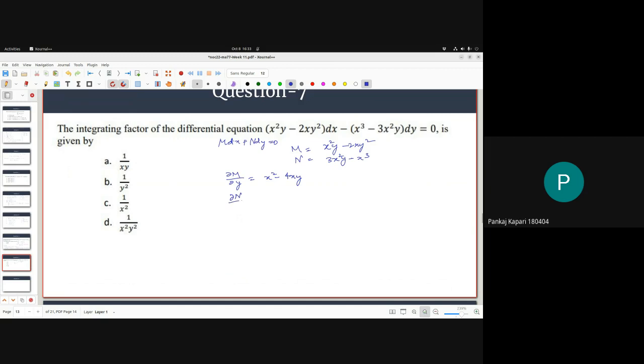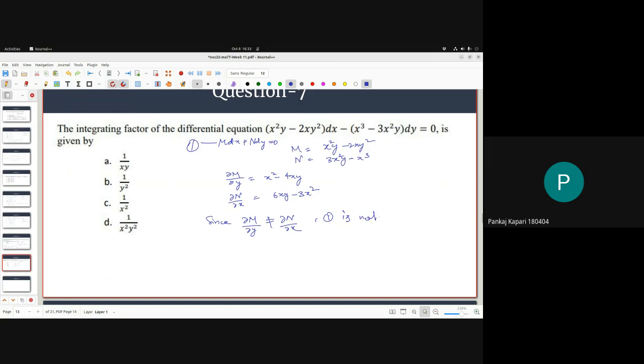What is del N over del x? This is 6xy minus 3x square. You can see that these are not equal. Since del M over del y is not equal to del N over del x, let's call this equation 1.